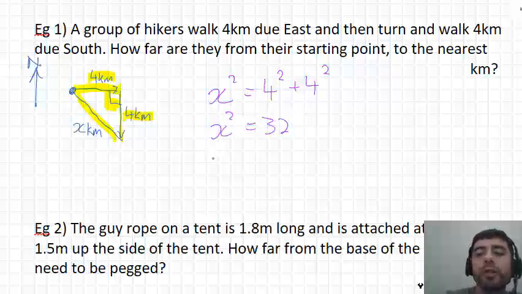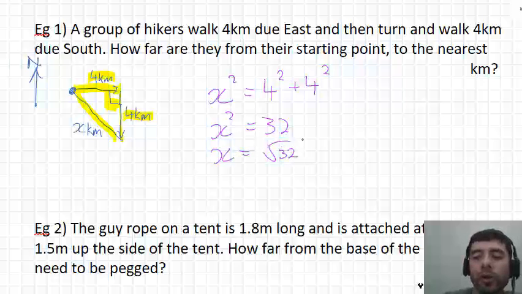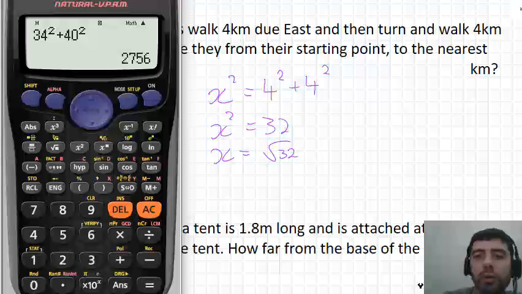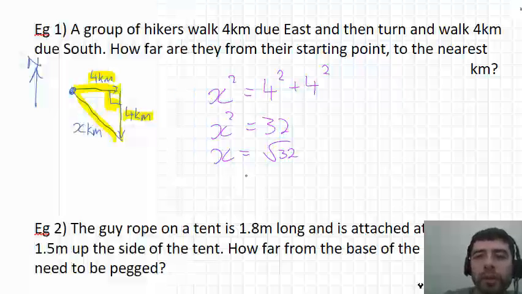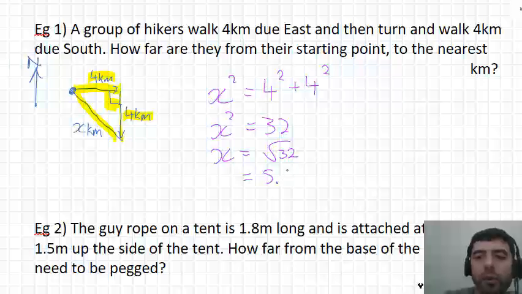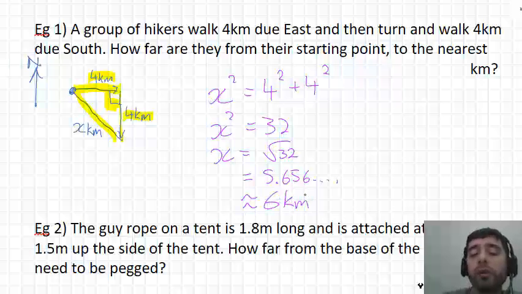If x squared is 32, then x is the square root of 32, which my calculator can help me with. The square root of 32 is 5.656, etc., which is approximately, to the nearest kilometer, close to 6 kilometers away from where they started.